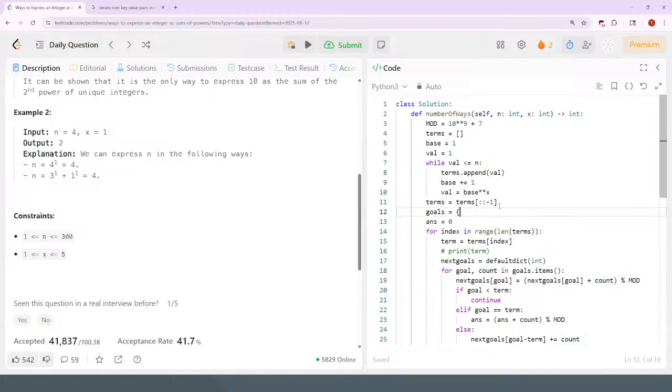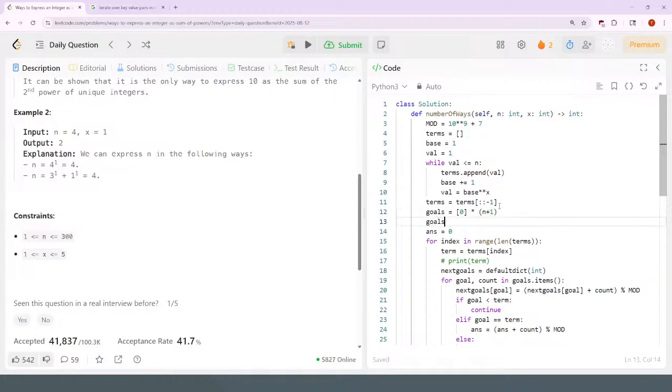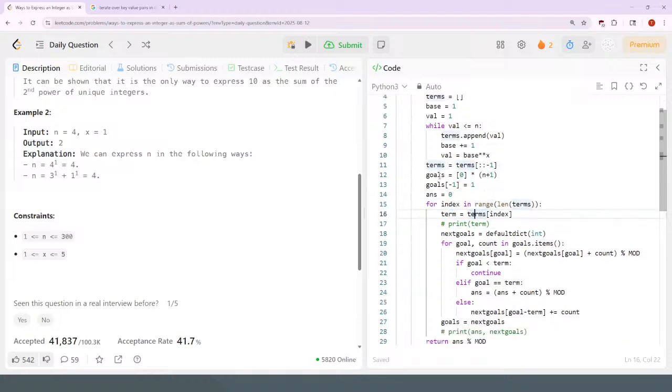Yeah, okay. I think this is probably just going to be like 0 times n plus 1 maybe. Goals at n is pretty much 1. I don't have to keep track of the next goals, I just need to make sure I don't screw up counts as I move down.